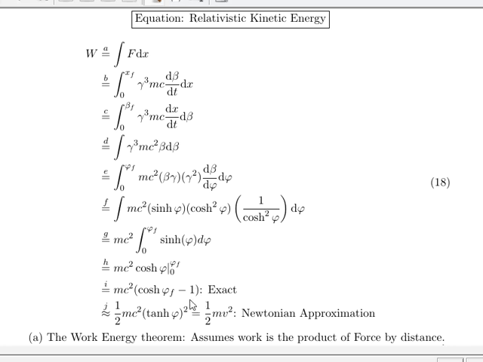So while the math kind of dropped out the rest mass energy of mc squared with that minus 1, we don't really have any particular phenomenological prediction of how that rest mass energy should manifest itself in the universe from this derivation.